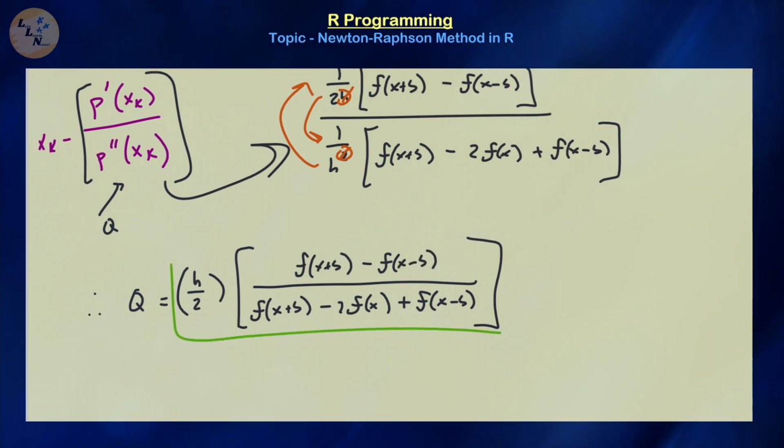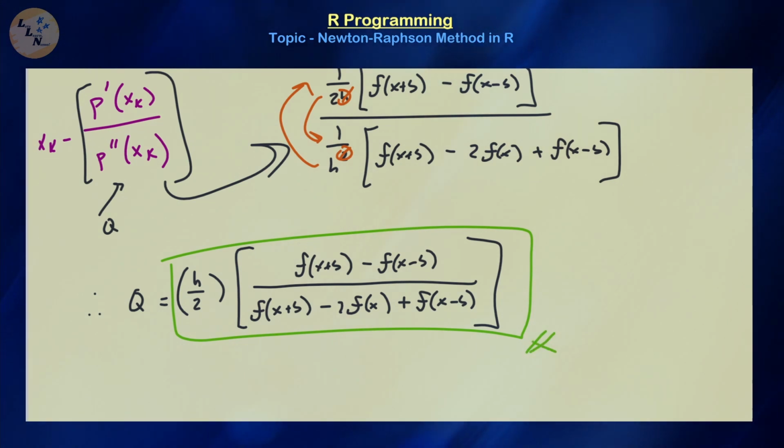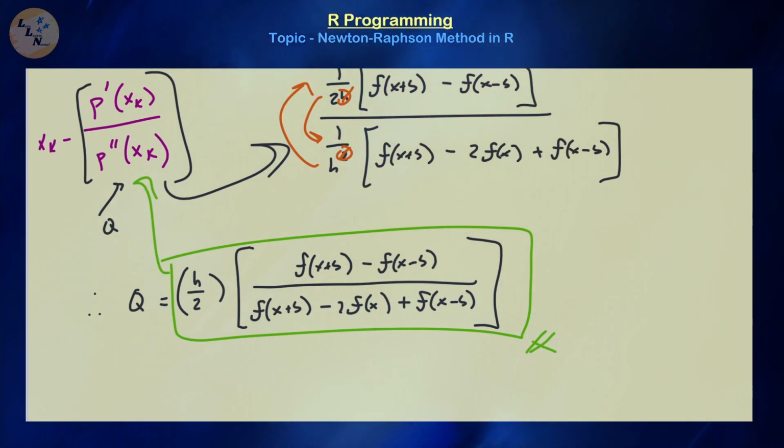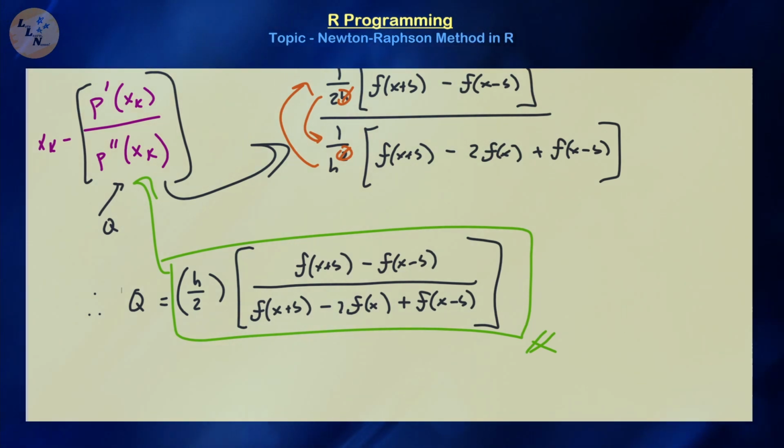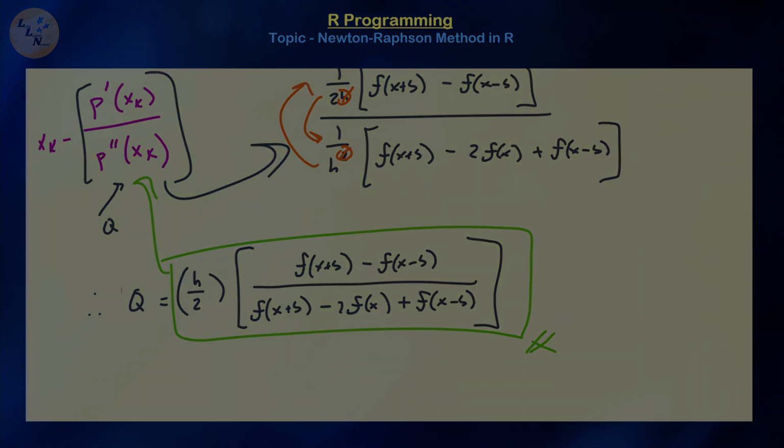And that will give us an expression that we're going to replace in our Newton-Raphson iteration, and then we should be able to optimize any functional p for which we're interested. So now that we have the theoretical things already set up, let's head to R and implement this and do a couple examples of it.